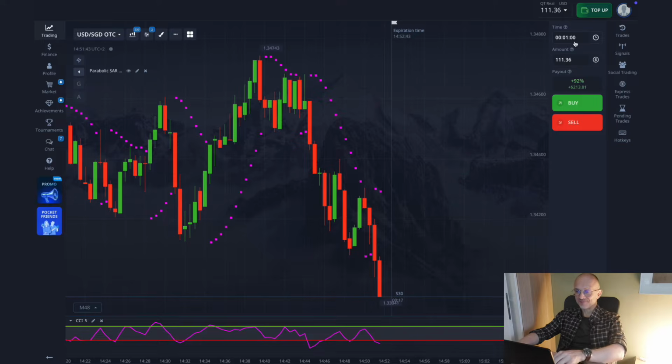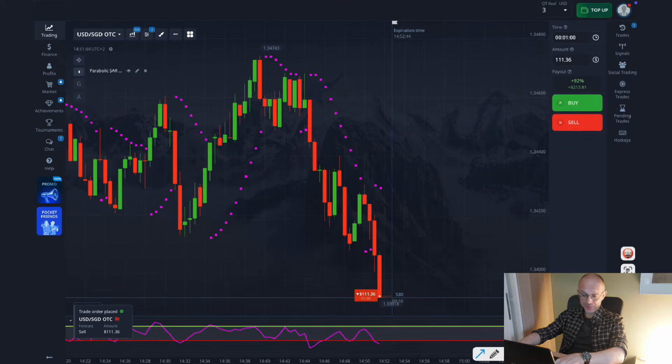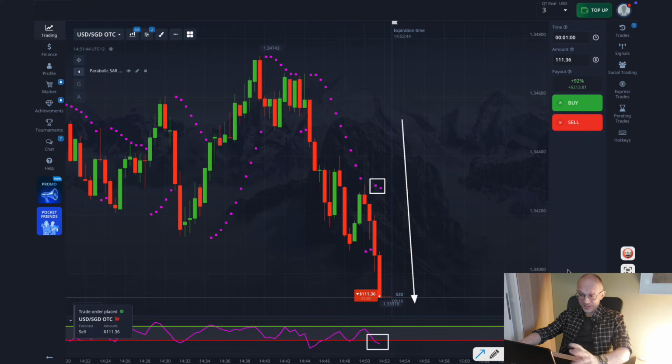New situation. I'm setting the expiration time to 2 minutes and opening a short trade for $111. I see a really powerful impulse on the chart. The movement looks so confident that it seems as if the market is ready to break through lower levels. Such a development usually indicates that the pressure is increasing and there is a chance that this dynamic will continue.